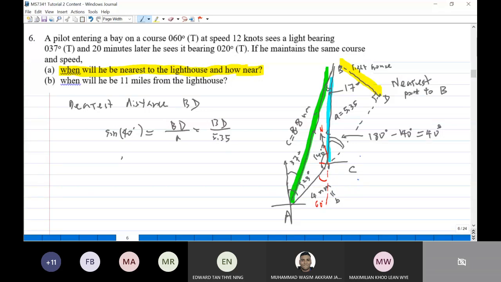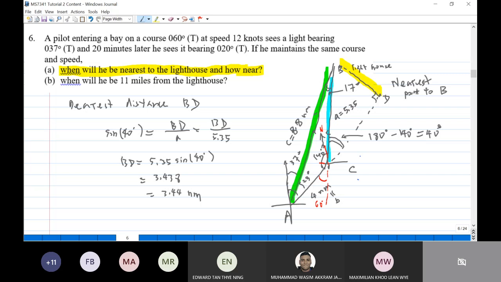So you get BD is equal to 5.35 sine 40 degree. So let's check the calculator. 5.35 times sine 40 degree is 3.438. So you consider 3.44 nautical miles. So the nearest distance to the pirate is 3.44 nautical miles.